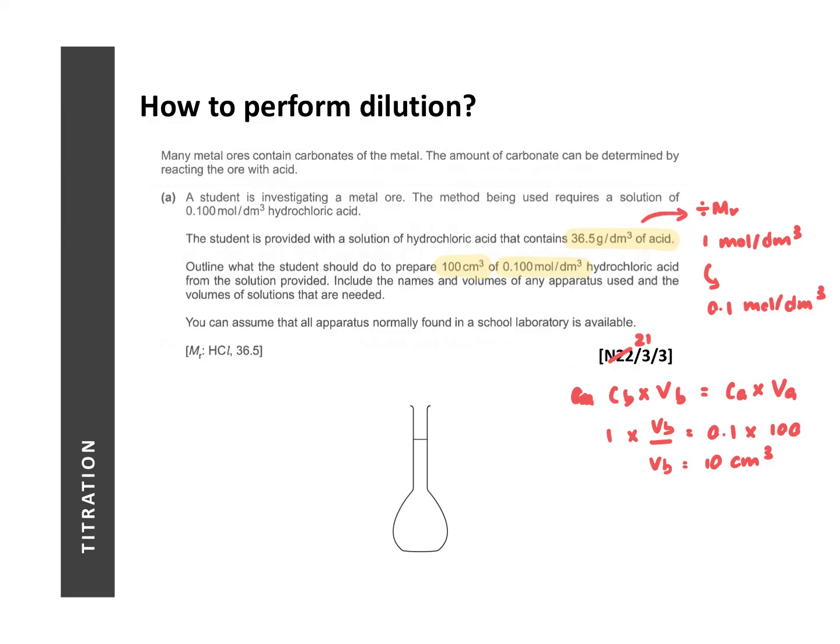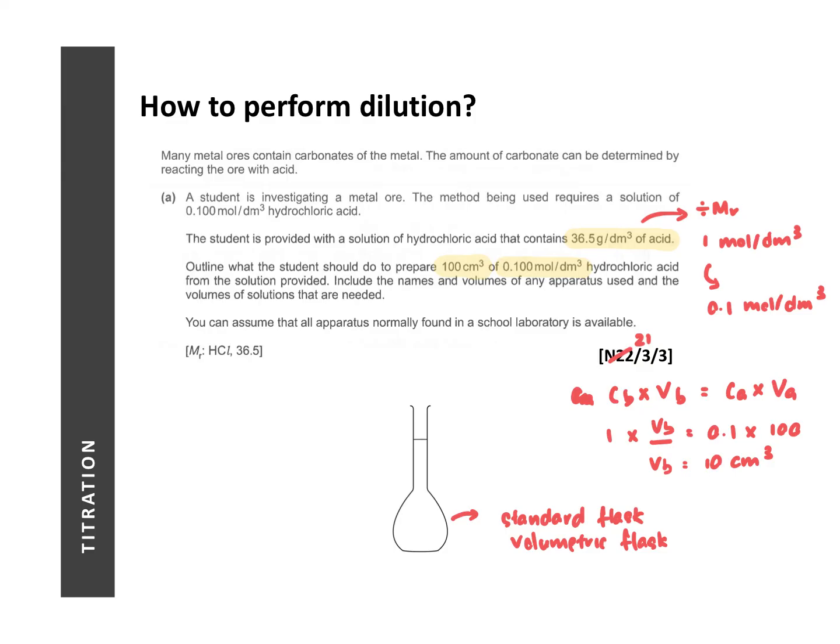So the next thing that we need to learn is how we perform a dilution in the lab. For that, we need to make use of an apparatus that we do not learn in the O-level syllabus. This piece of apparatus is known as a standard flask or a volumetric flask. Now a standard flask is a bit like a pipette, so they come with different volumes.